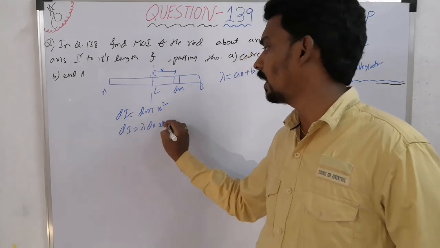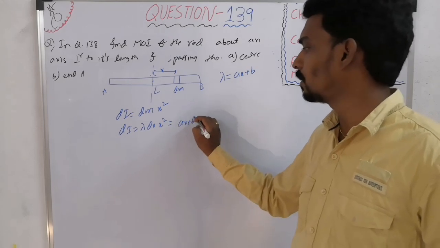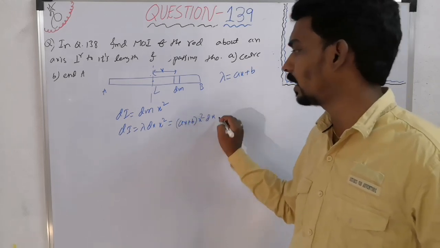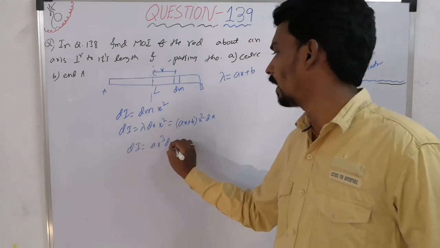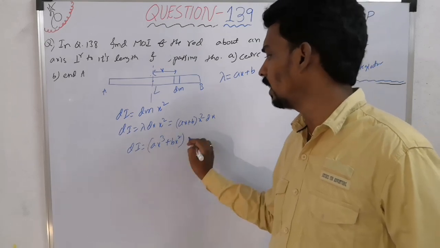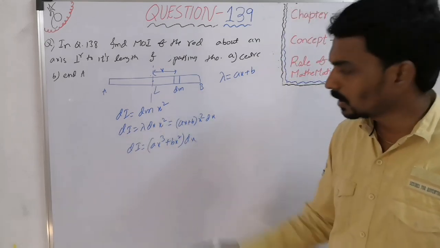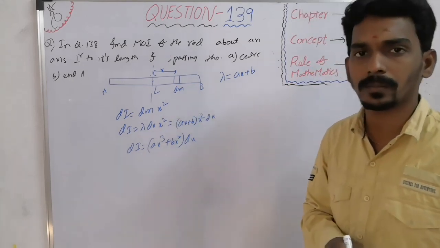Lambda dx x square. Lambda is what? Ax plus b into x square dx. So dI equal to ax cube plus bx square dx. This is the small moment of inertia of small element you consider.